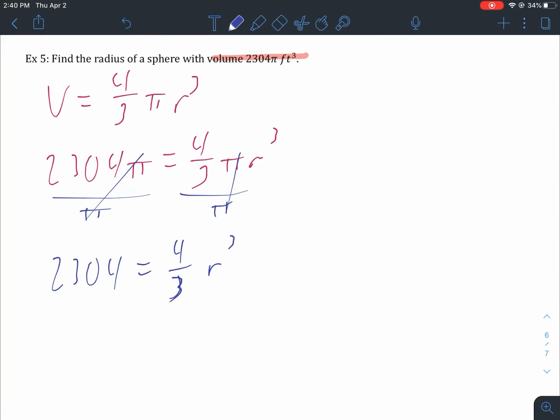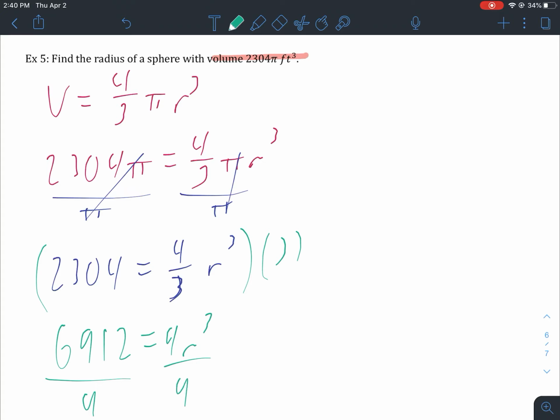We get that. Multiply both sides by 3. We get 6,912 equals 4r cubed. And divide both sides by 4. We get 1,728 equals r cubed.